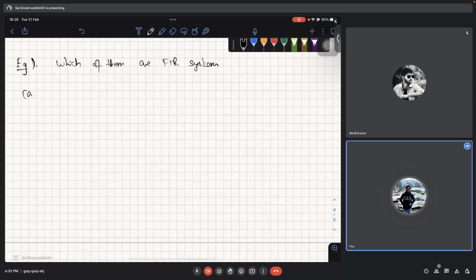So let's take the first one, which is y of n is equal to 2 x of n plus 3 x of n minus 2.